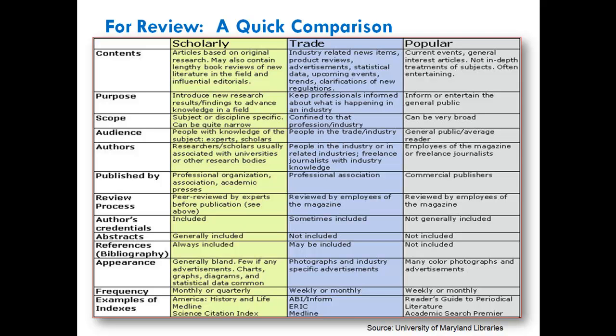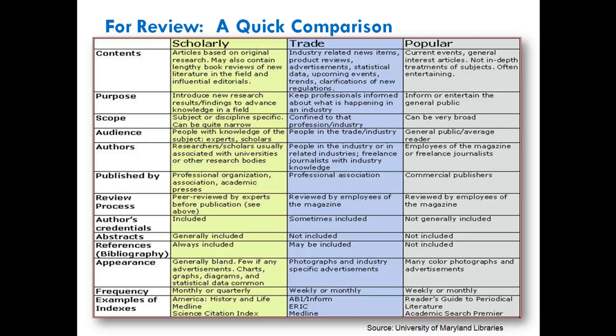So to review, the University of Maryland's library has provided you with a quick comparison of the three different kinds of sources that you may find in your research. Some key differences to note are the peer review process and in the purpose and reference category.